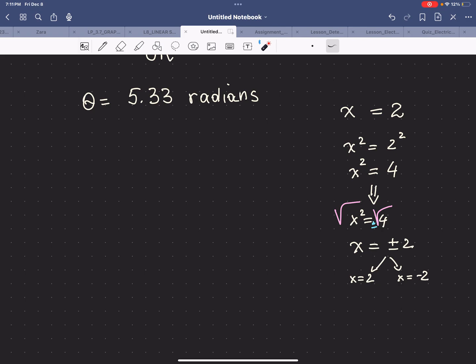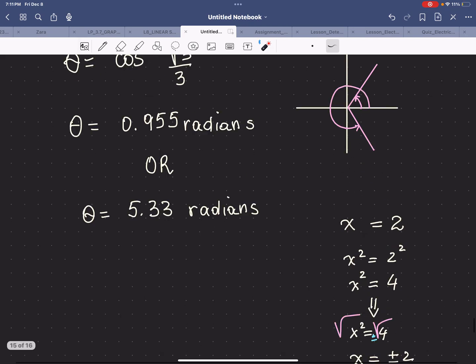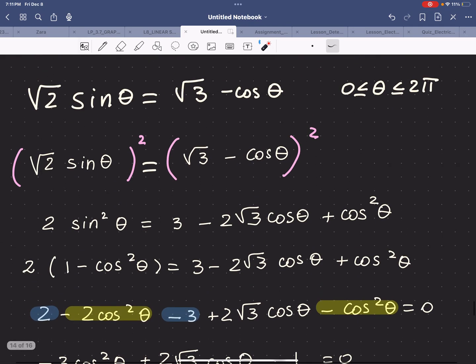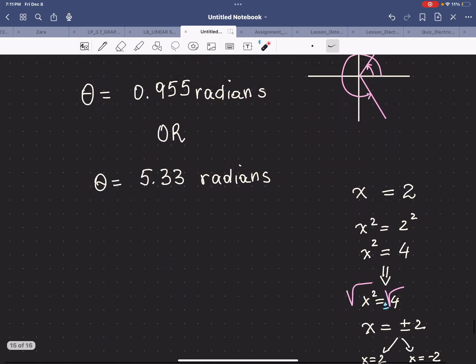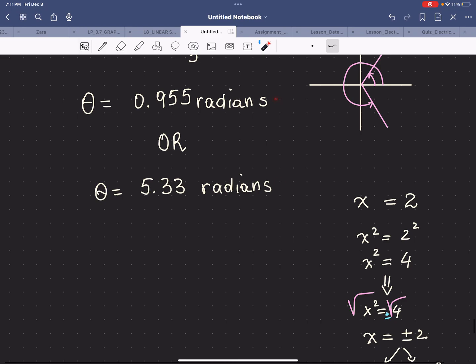So if you are squaring negative 2, you're going to get a 4, which comes from a negative 2 or a positive 2. So that is a strategy that we use to solve the equation, in our case, squaring both sides. And that might lead to producing solutions that are extraneous for our equation.